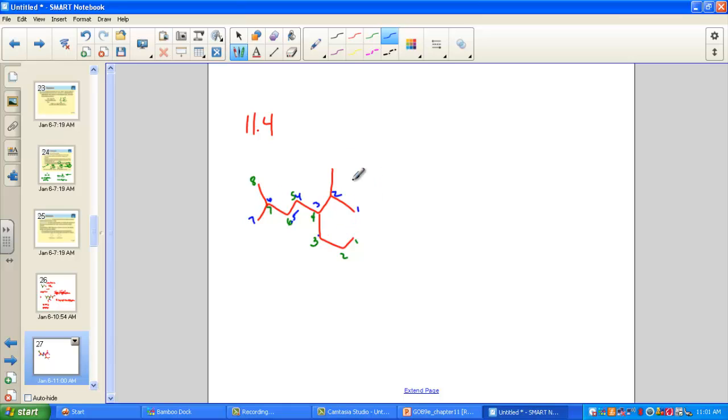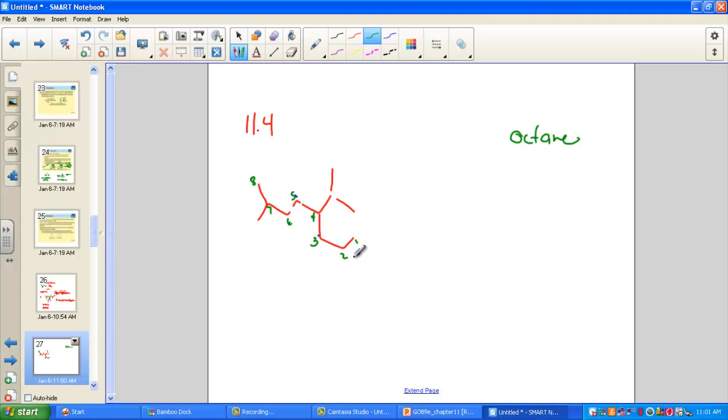Yeah, it looks like the longest way I can find is indeed our original guess with the 8 carbons. So the longest carbon chain looks like an 8, and we now have the root word octane.